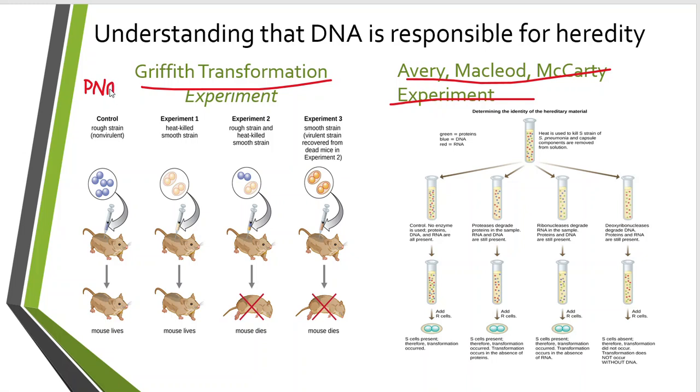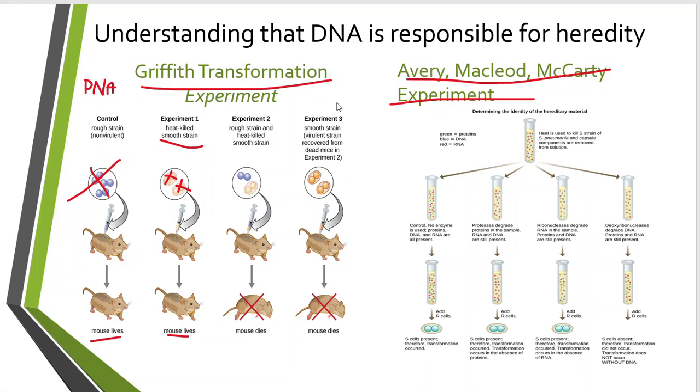Okay, so if these bacteria cannot make a capsule around them, then they are not going to do anything. So they injected these mice with these guys that didn't have a capsule, and the mouse was okay. Then they injected the mouse with bacteria that had been killed by heat that had a capsule. Well, these guys are dead, so nothing happens.